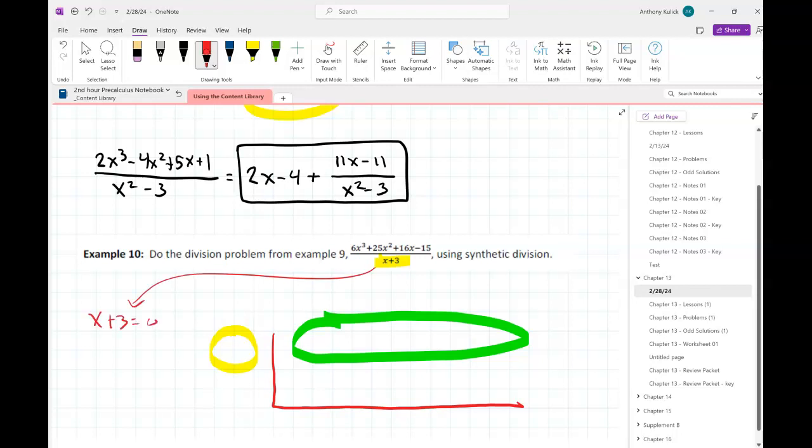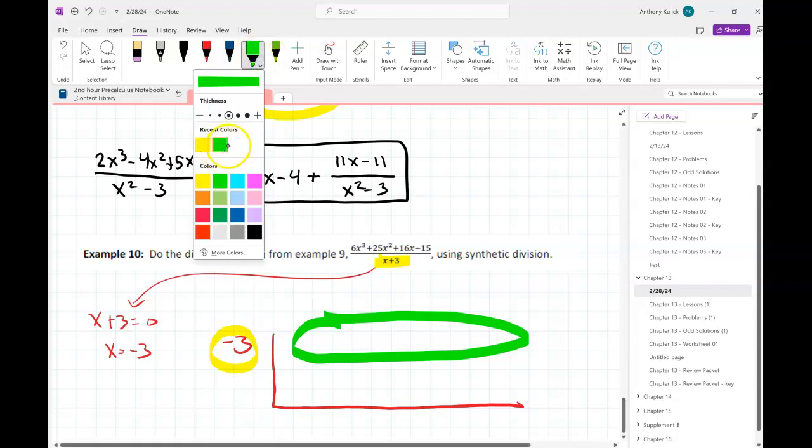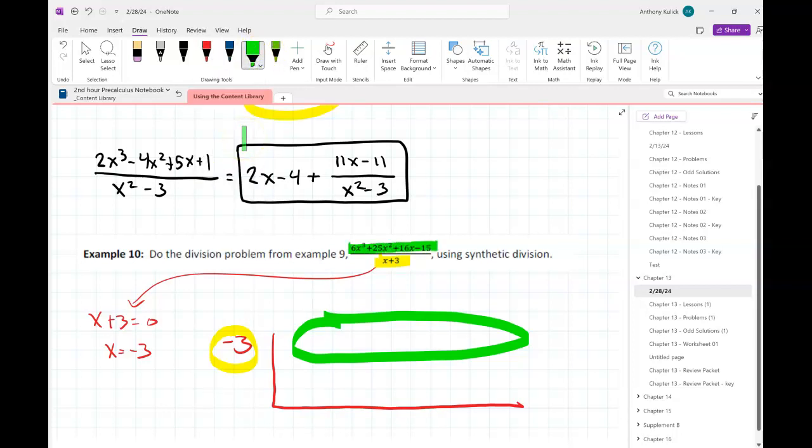We set it equal to 0 and solve. That's what goes on the outside. Everybody's okay there? On the inside, we're just going to take the coefficients from the numerator.